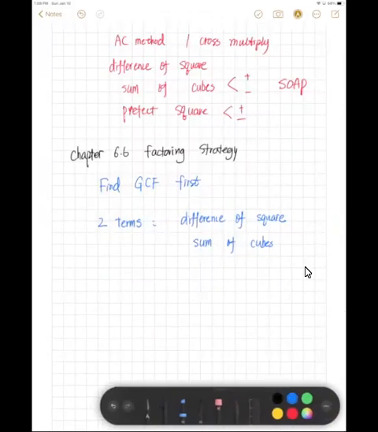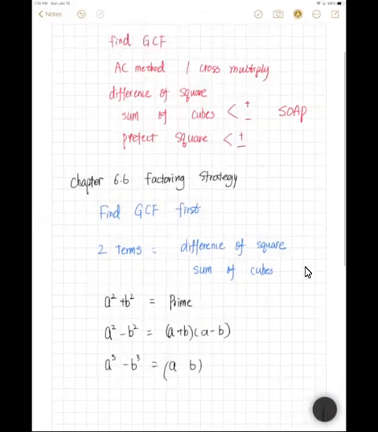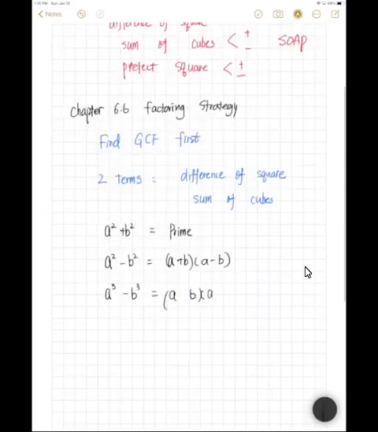But remember that a squared plus b squared is prime, we cannot factor it. a squared minus b squared is equal to a plus b times a minus b. a cubed minus b cubed is equal to a minus b times a squared plus ab plus b squared.